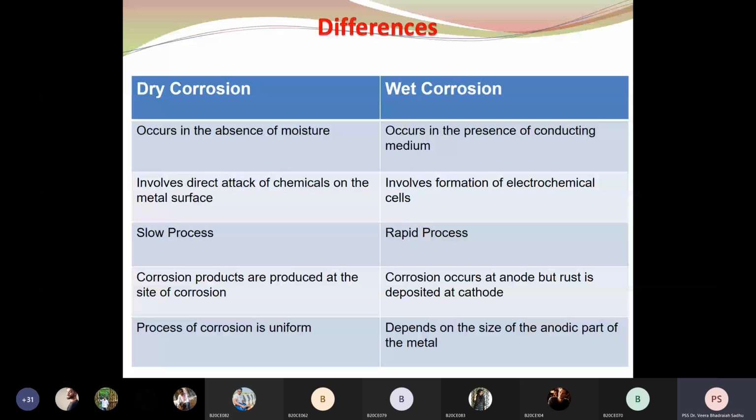For example, we have studied that if we connect two dissimilar metals, one metal acts as an anode and the other acts as a cathode. The anode part corrodes, so it forms electrochemical cells. Dry corrosion is a slow process and wet corrosion is a very rapid process, because once the electrochemical cells are formed, it is very rapid.